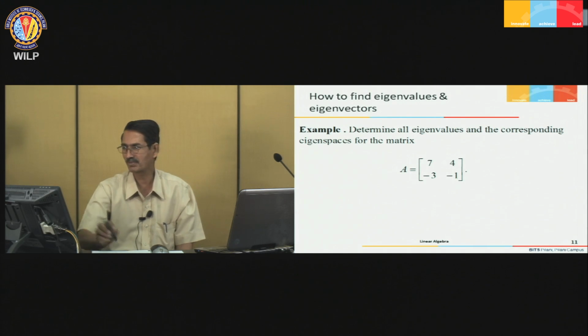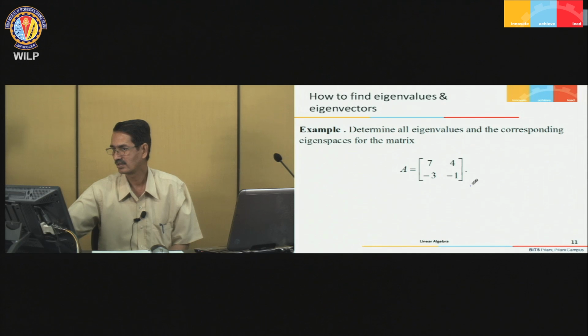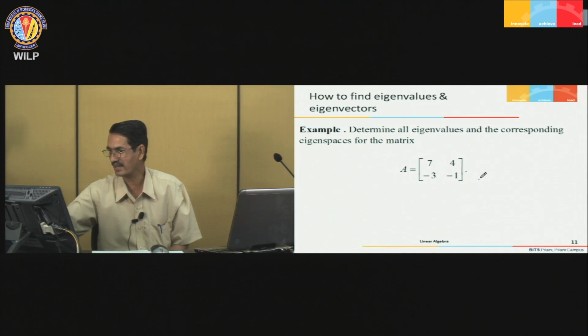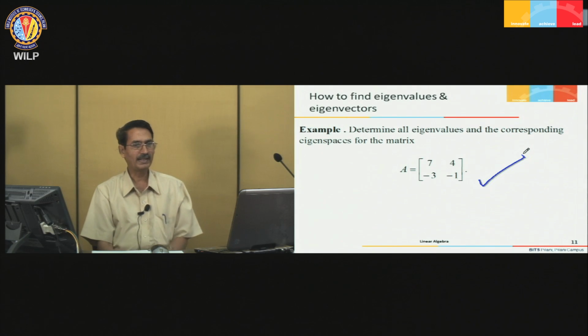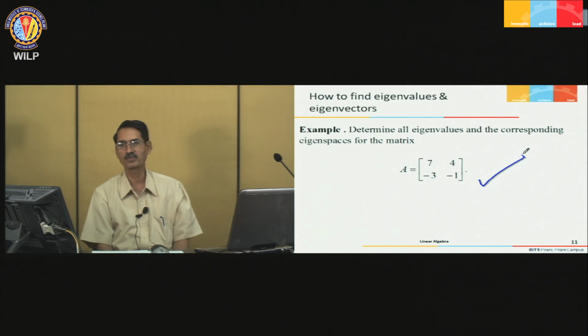Suppose this matrix is given with us, A is equal to a 2 by 2 matrix, a very simple 2 by 2 matrix. Let us start with 2 by 2, then we shall go to 3 by 3. And we want to find all eigenvalues and all eigenvectors corresponding to these eigenvalues.